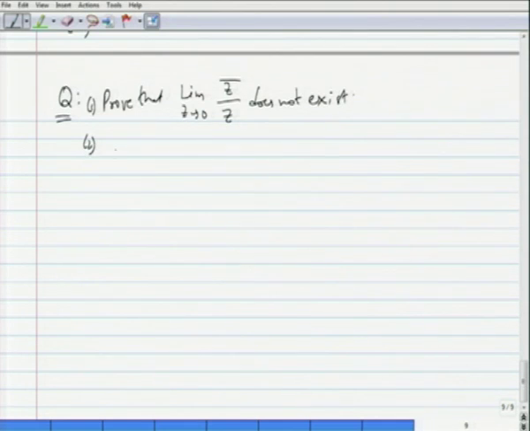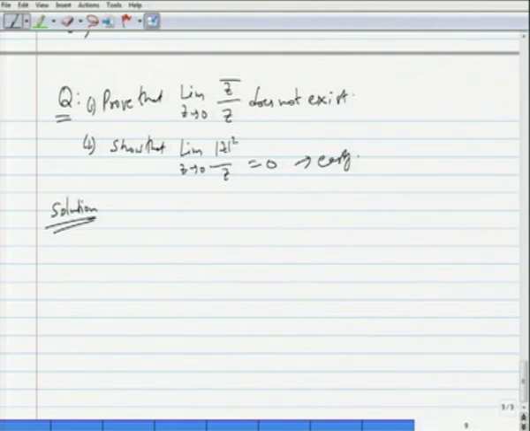Show that the limit as z goes to 0 of mod z squared by z is equal to 0. This is easy, it is very clear. Try to show 1 and 2. So, I will provide the solution here only to 1, 2 is straightforward.